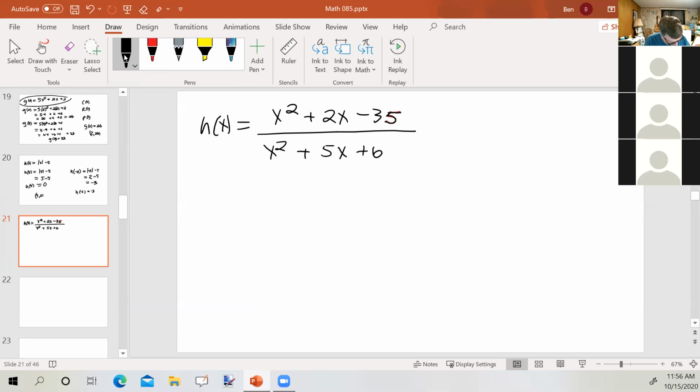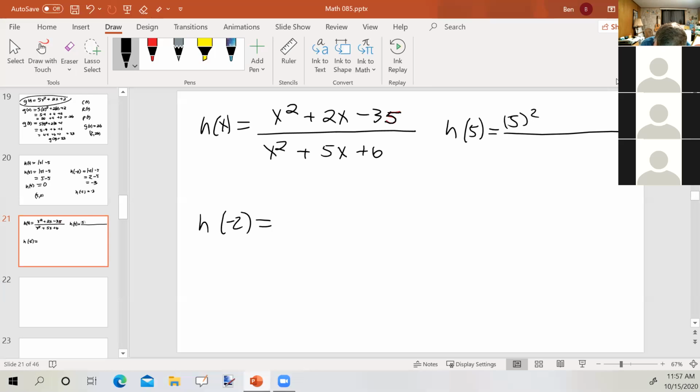Okay. We want to find h of 5 and then h of -2. So how would you go about finding h of 5? You plug in 5 where all the x's are. Yep.